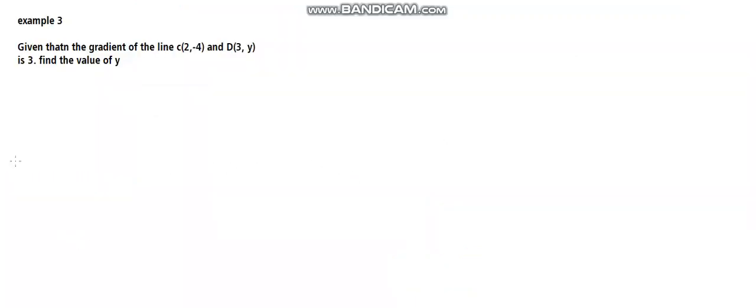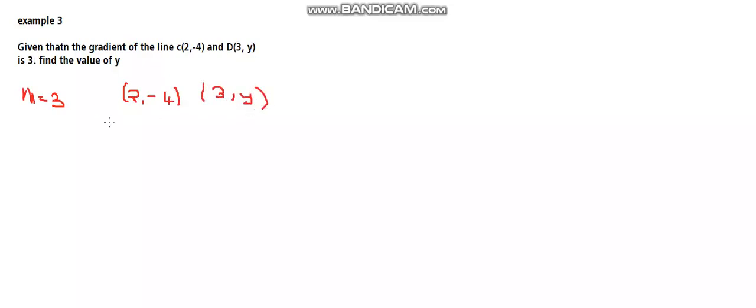Let's look at the last example. Given that the gradient of the line through C (2, -4) and D (3, y) is 3, find the value of y. So here you've been given that m is 3, and you have coordinates (2, -4) and (3, y).